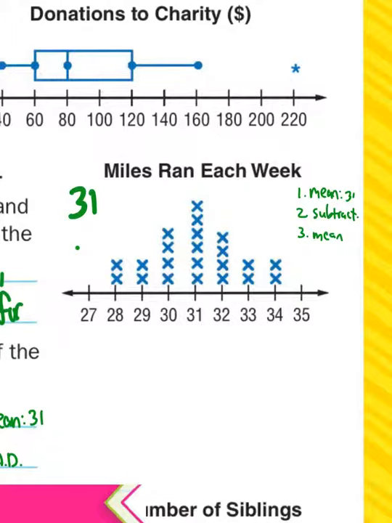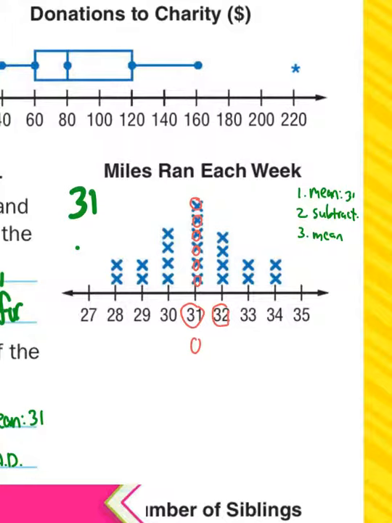Now, as I do this, remember, 31, I have to subtract each x from that 31, right? And each x in this first part is 31. So think about this. This is 0, 0, 0, 0, 0, 0. So then all those zeros add up to 0. Now, when I go to the 32, 32 minus 31 is 1.